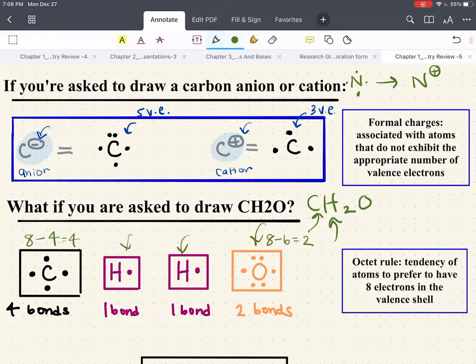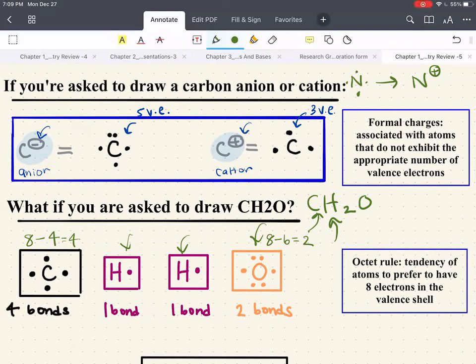So we've drawn each atom individually, and we've written down how many bonds each one of these atoms can form. Now, the atoms that can form the most bonds are most likely going to be our central atoms.